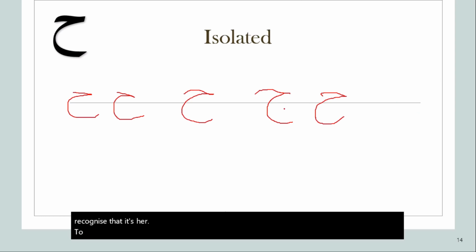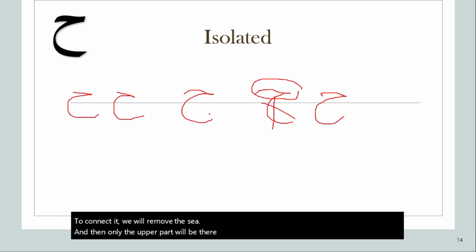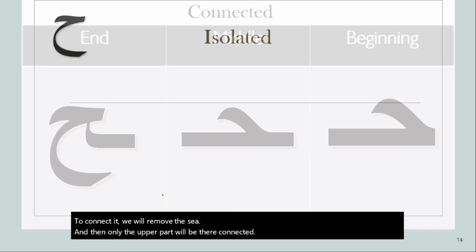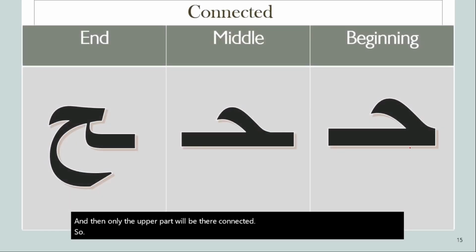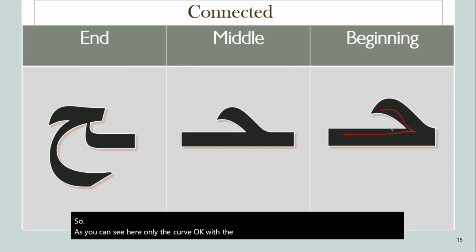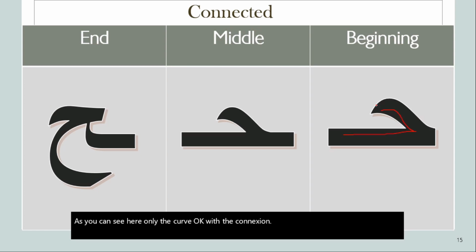To connect it, we will remove the C, okay, and then only the upper part will be there, connected. So, as you can see here, only the curve, okay, with the connection, and it's connected to whatever letter after, so this is ha in the beginning.